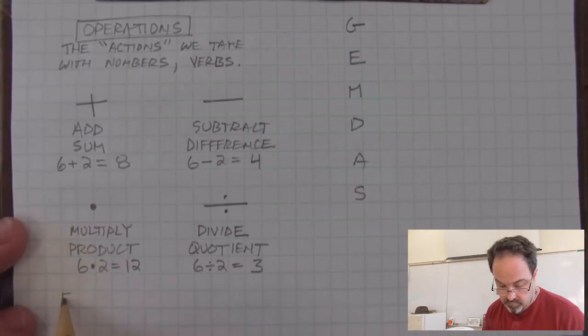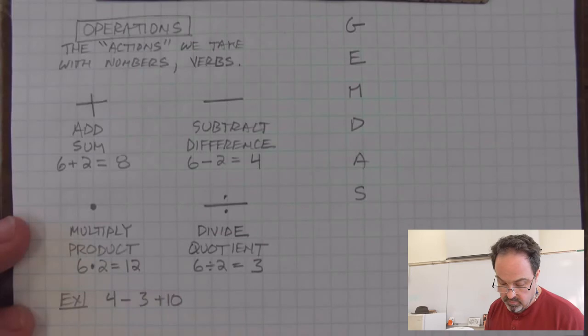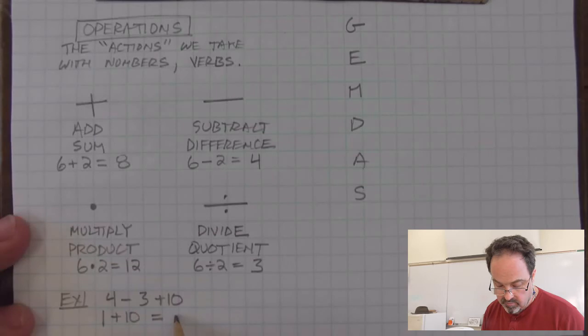For example, if we had the math expression 4 minus 3 plus 10, there would be different answers produced if we subtracted first. 4 minus 3 is 1, and then added 10 to get 11.